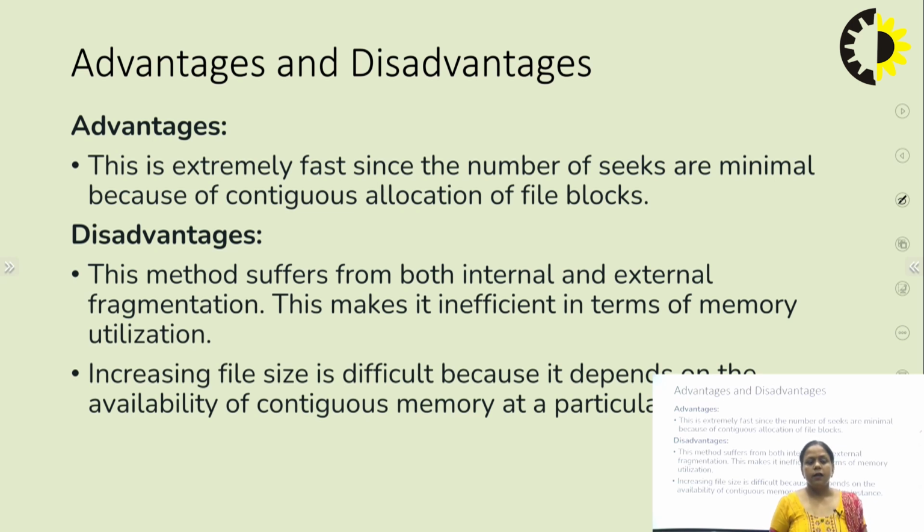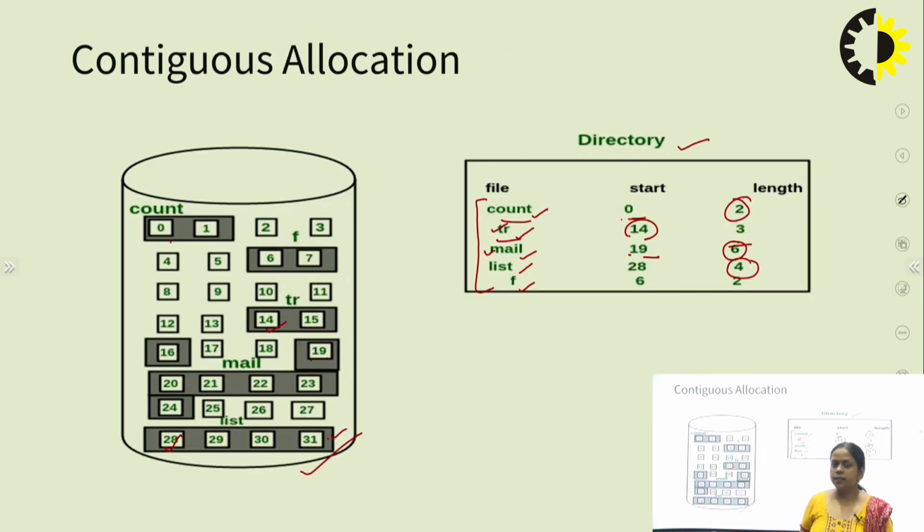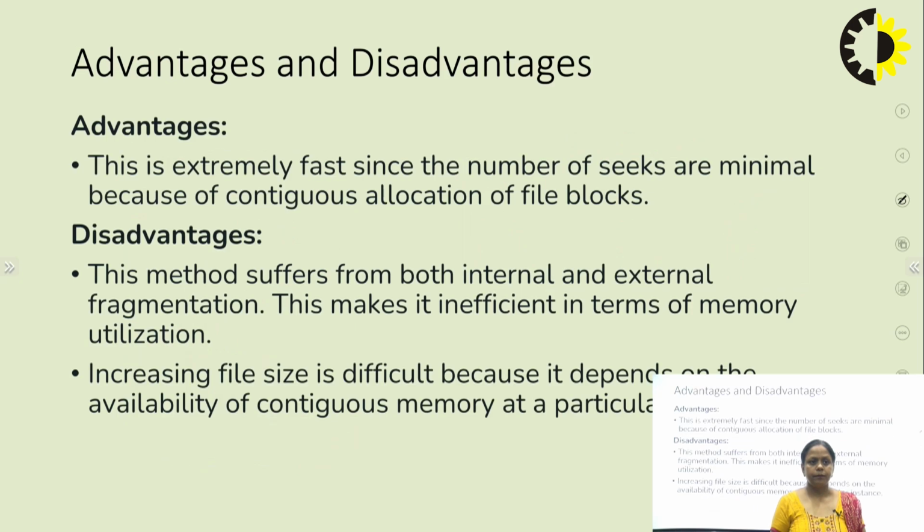The disadvantage of this method is that it suffers from internal and external fragmentation. You can see here these are the internal and external fragmentation, because these blocks are empty and not occupied by any file. Increasing file size is difficult because it depends on the availability of contiguous memory at a particular instance.